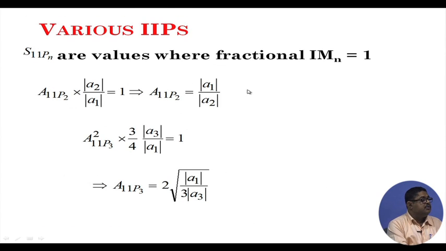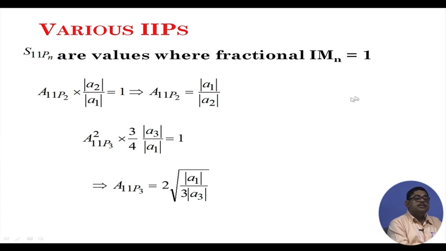Now, let us calculate these values where it will catch up. From the definition I can say that SI P1 are values where the fractional intermodulation product should be 1. If you see your notes, the fractional intermodulation product we defined as the intermodulation product of nth order divided by the fundamental signal level.